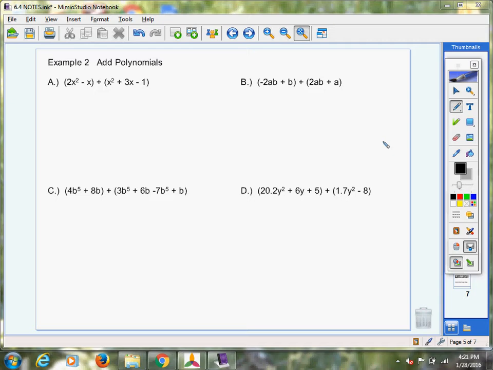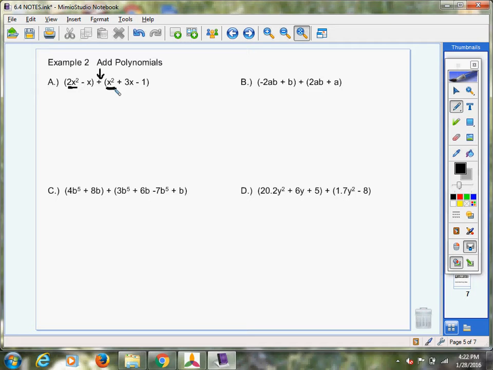So what you want to do is start here with the first term in the very first polynomial that you see, and look for a like term in the second polynomial, and I've underlined them. I've got 2x squared in the first polynomial plus, that's telling me what to do. I want to add to that 2x squared this x squared.